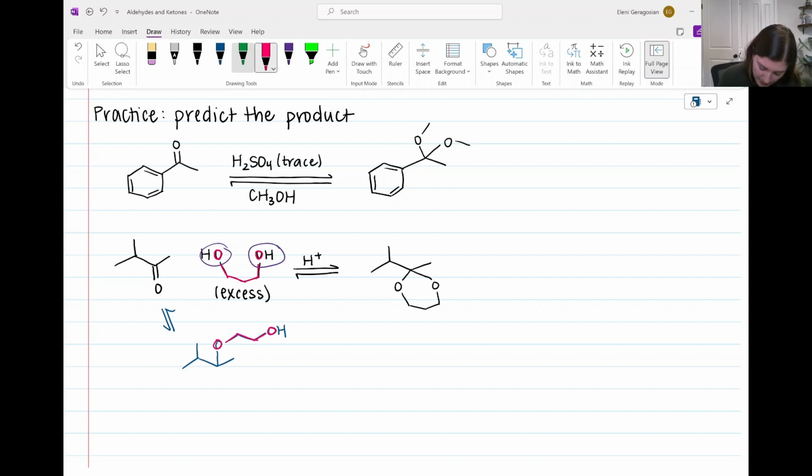Oh, I'm missing a carbon. Let me add that carbon in. Okay, so we've done the nucleophilic addition where we have added one of the oxygens from the diol. Let's say we've already protonated the OH, so we have our good leaving group. This is going to leave. We form a double bond between the oxygen from the alcohol and what was the carbonyl carbon.